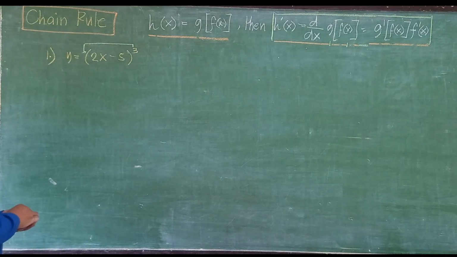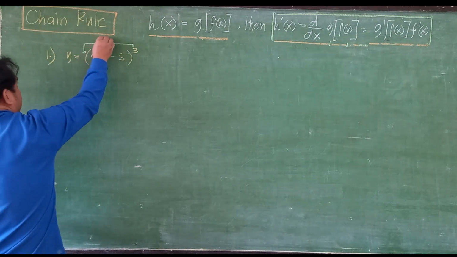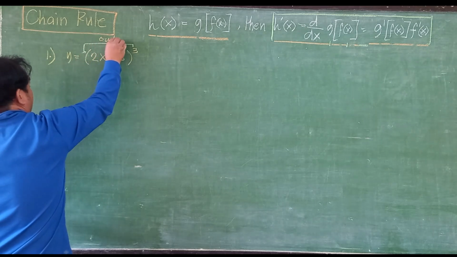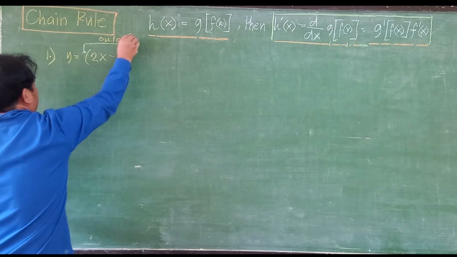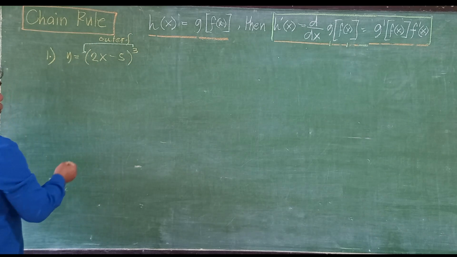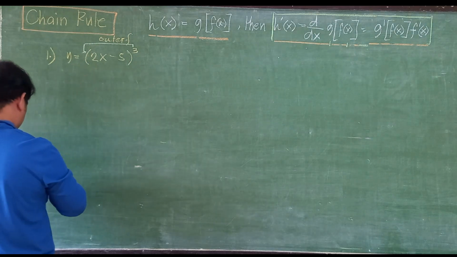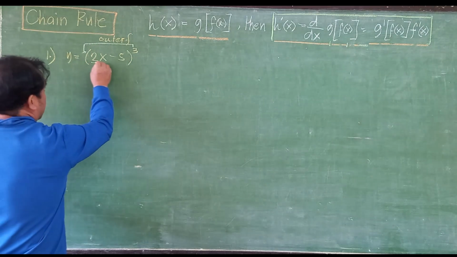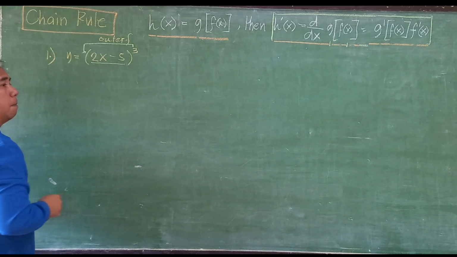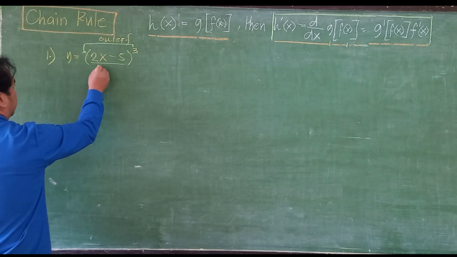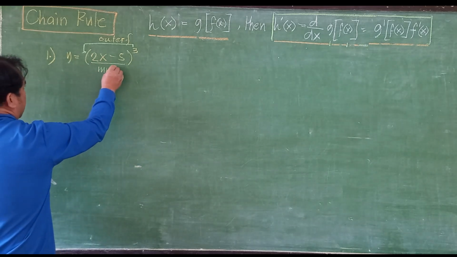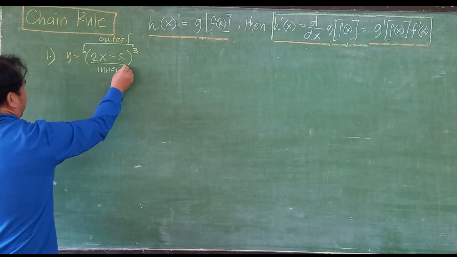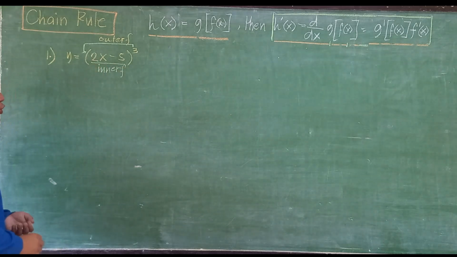And the inner function is the 2x minus 5. So that is the inner function.